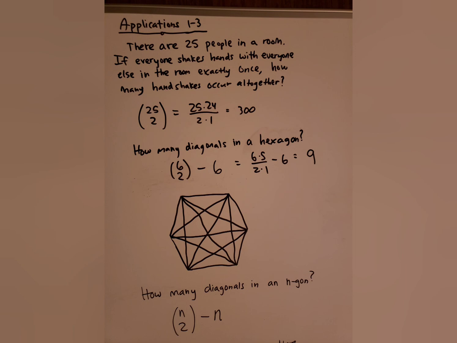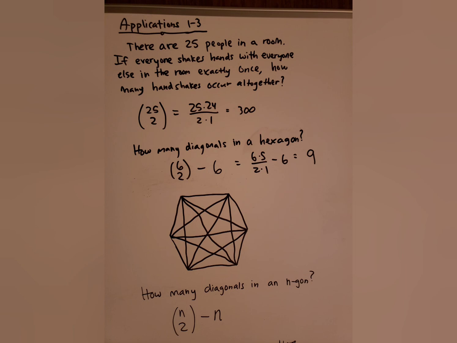The next application has to do with the number of diagonals in a convex polygon. In this hexagon here, I've drawn all of the possible diagonals. If you count them, there are 9 in total, but there's a faster way to compute this number. So there are 6 total vertices on this hexagon.